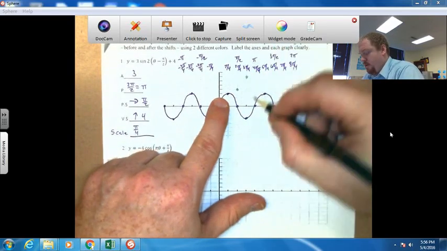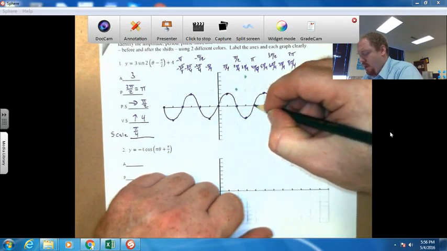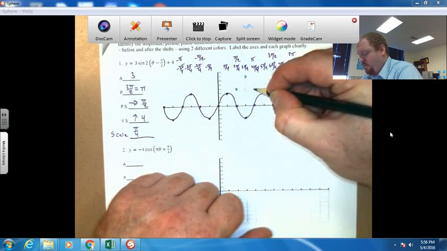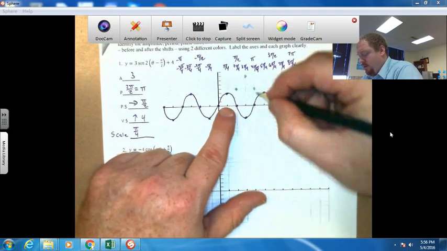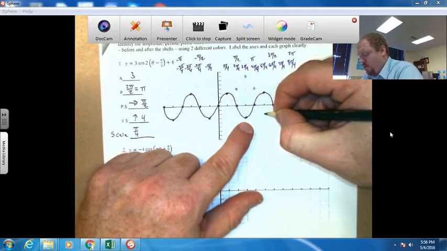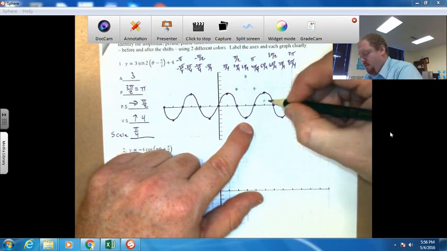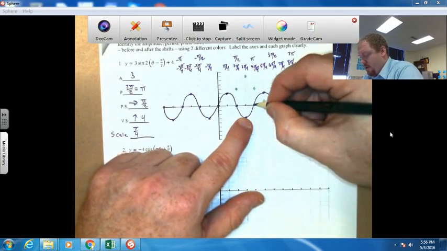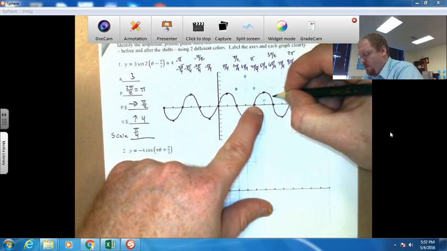This point, right 2, up 4. Now this point, right 2, up 4. And then this last point, right 2, up 4.